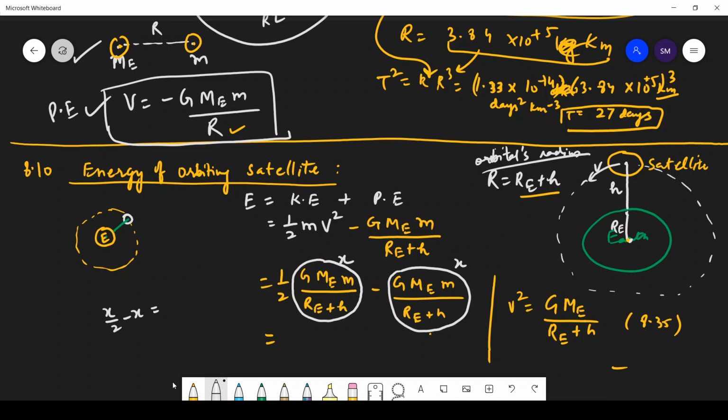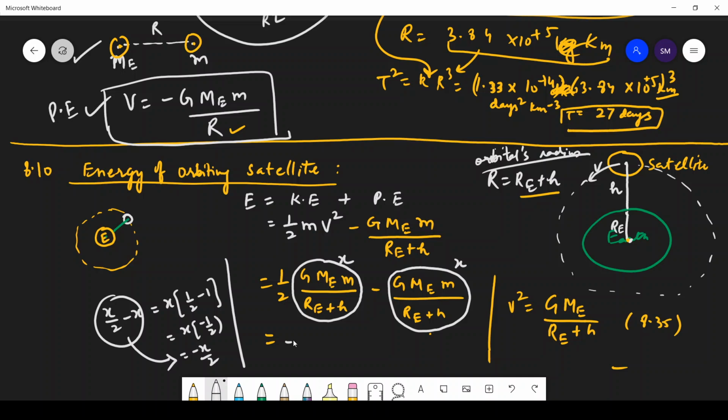You can take X common, so 1 by 2 minus 1, which is equal to minus half. It is minus X by 2. So X by 2 minus X is minus X by 2. Is this okay? Yes. So what do I get here?